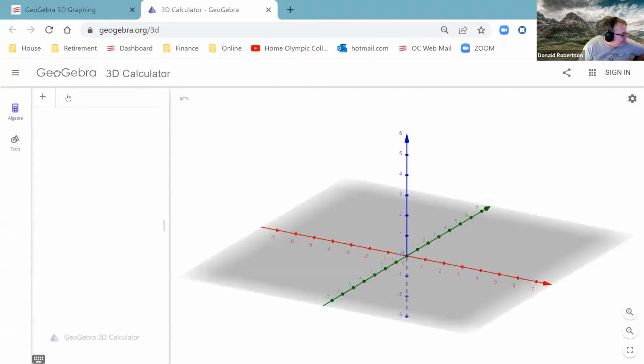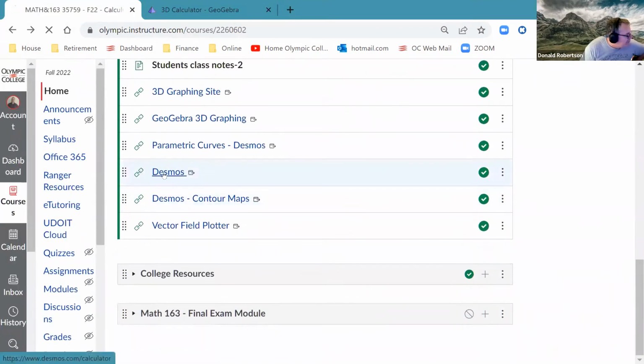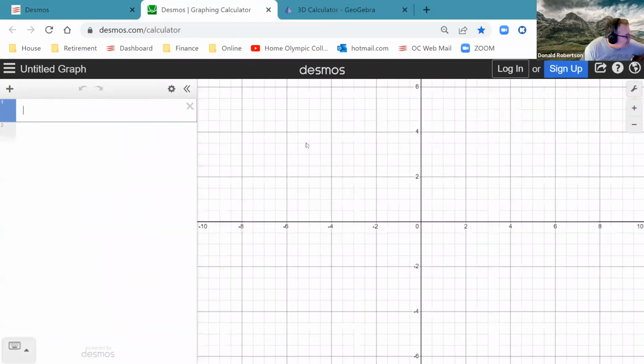Right, here's our guy. Now, actually, I take that back. This is a scalar function, so I can use Desmos. Easier to see it as well. So I'm going to put in my function.